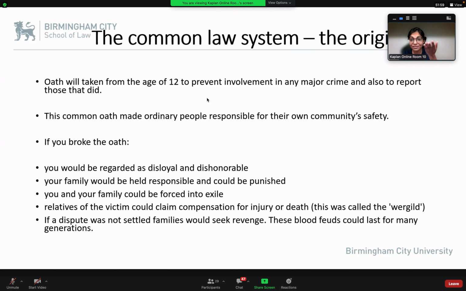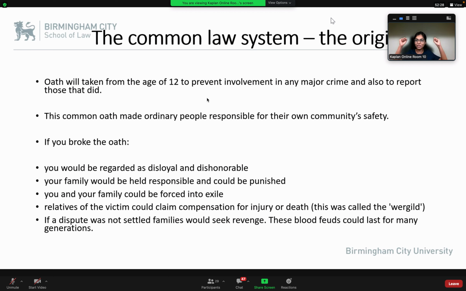But you see, this is the year 1066. The victim's family can claim compensation. And of course, if the dispute is not settled, look at what you can do. You can seek revenge. Seeking revenge means actually a war, a family feud, and it will go on and on. After one family, the next family, the next family.